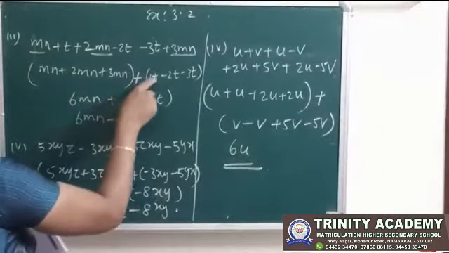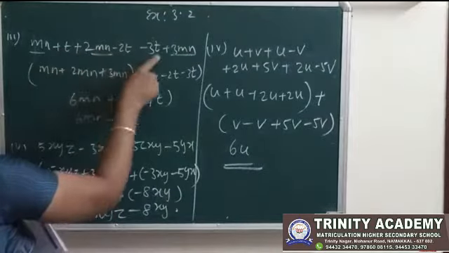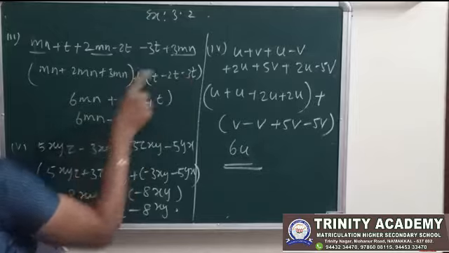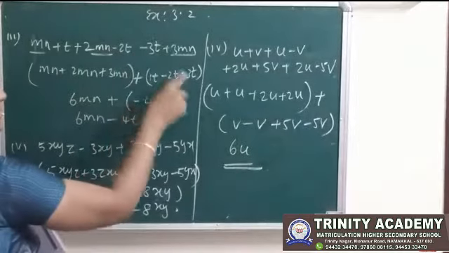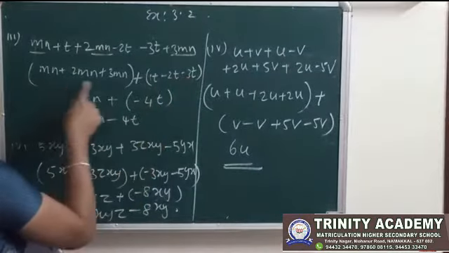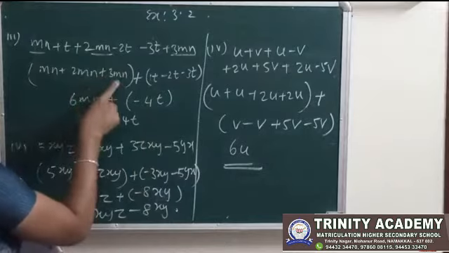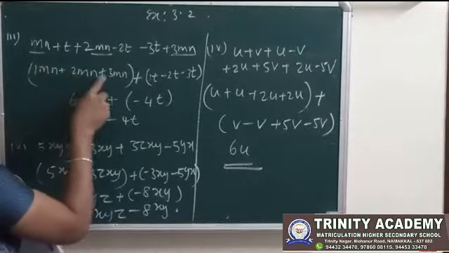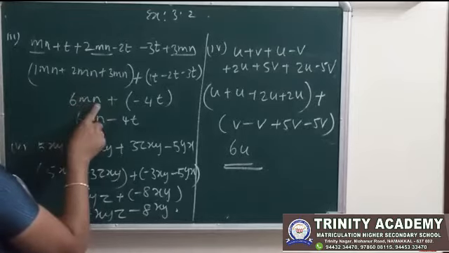Then you write the t terms. Here t, here minus 2t, here minus 3t, you write with the symbol. See here, these three terms are like terms. See here, mn means that is 1mn, 1 plus 2, 3, 3 plus 3, 6mn.